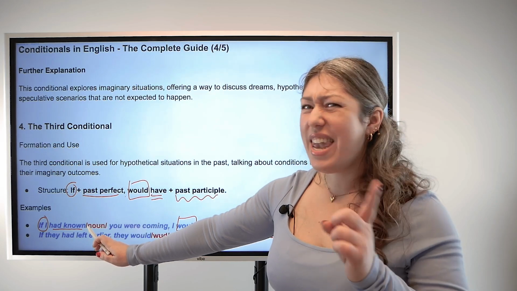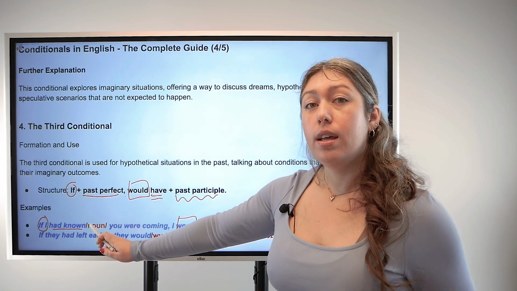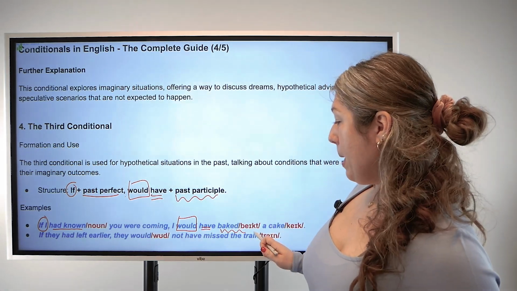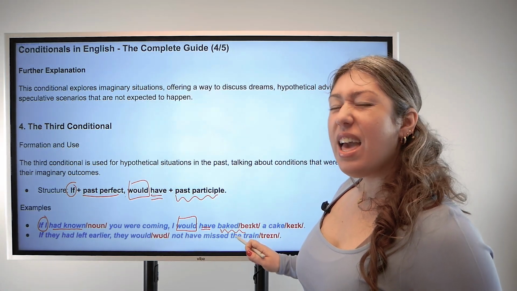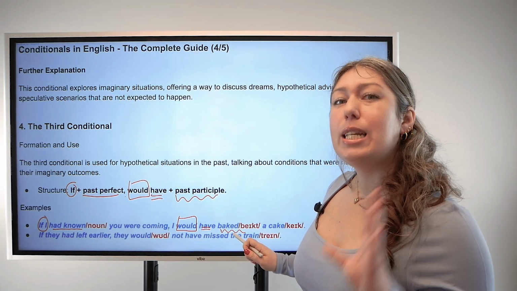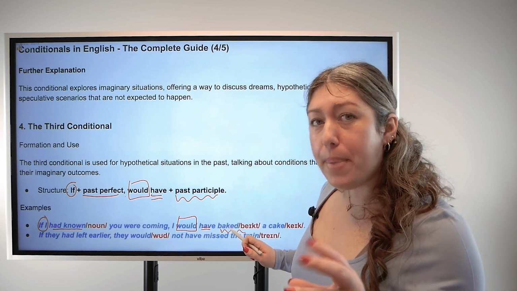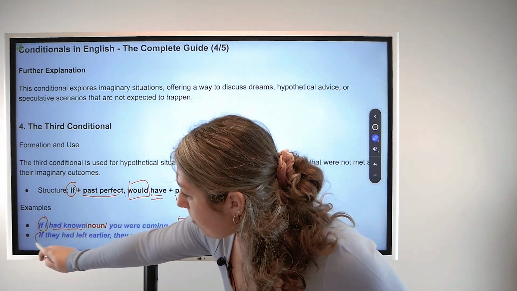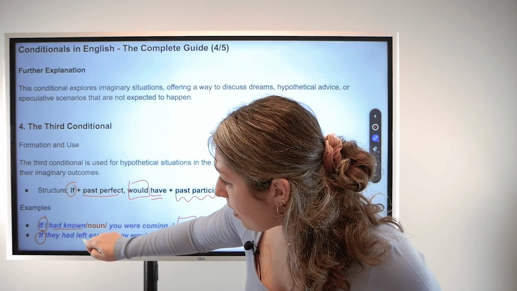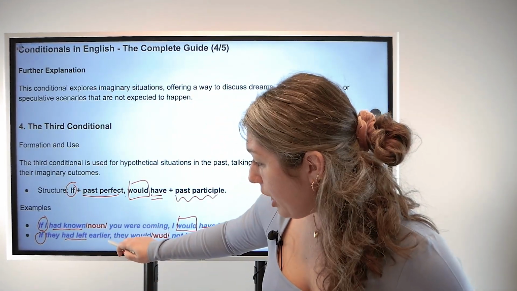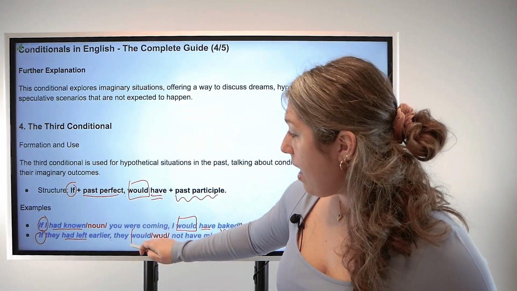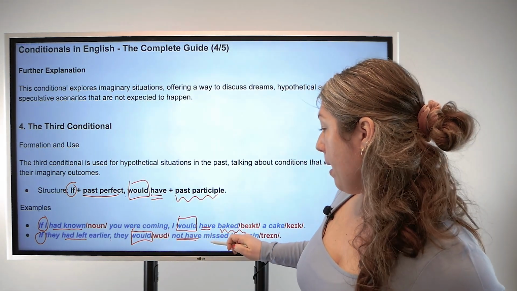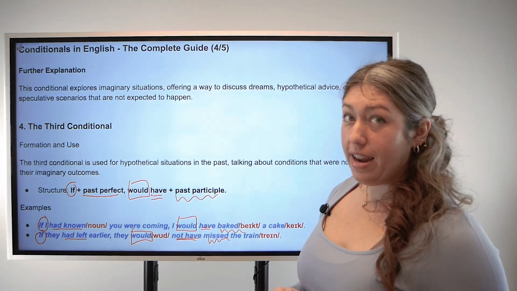Known, not noun, known, known. Good. And baked. It's not baked, it's baked, baked. Good. For the next example, if they had left earlier, comma, they would not have missed the train.